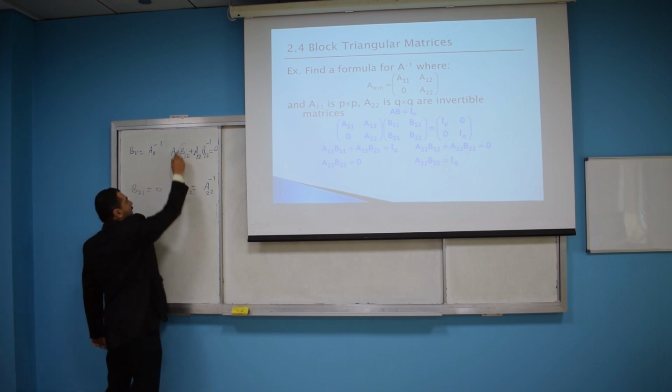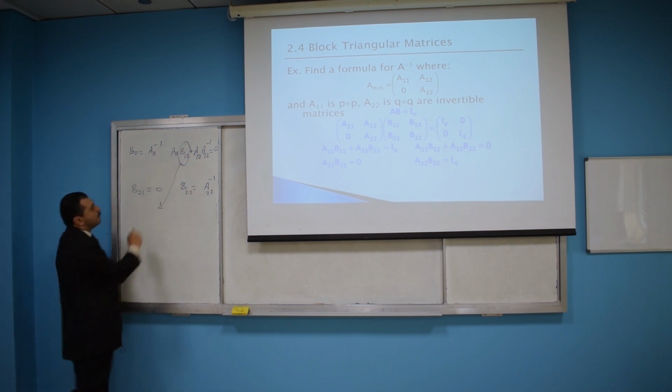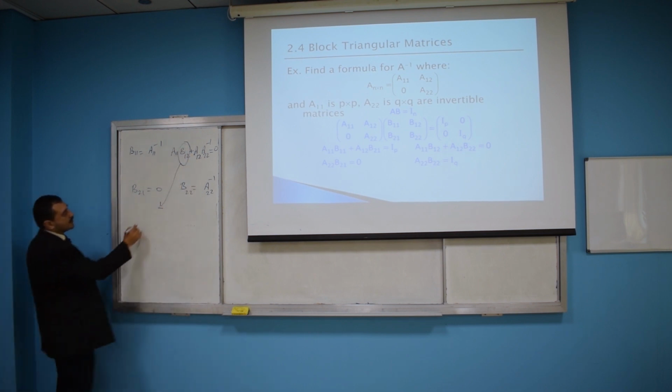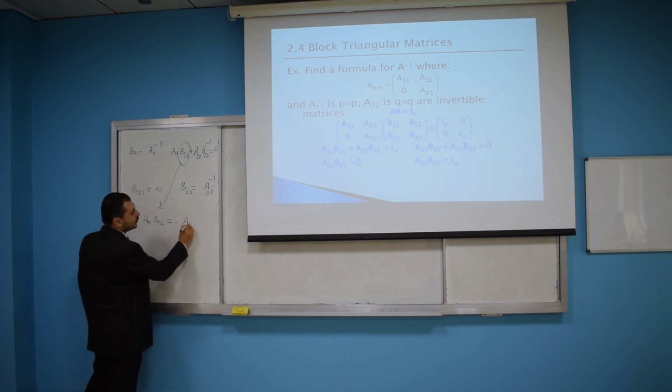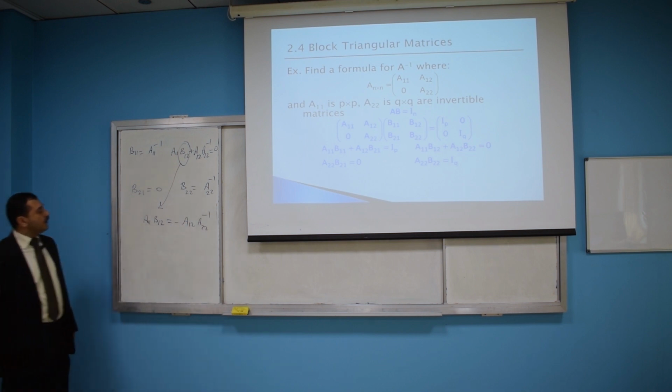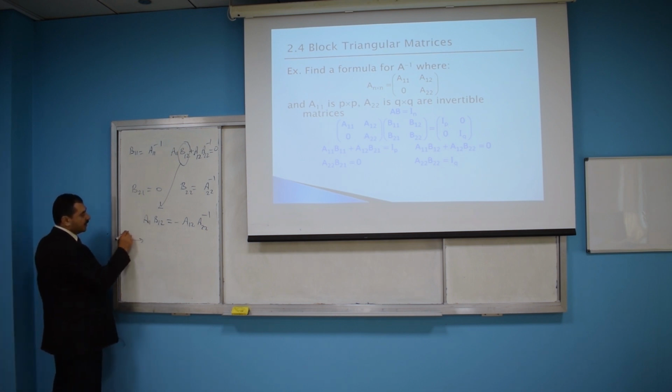So I want to get this guy. So I can say that A11 B12 equal to negative A12 times the inverse of A22, and then multiply from left by the inverse of A11.